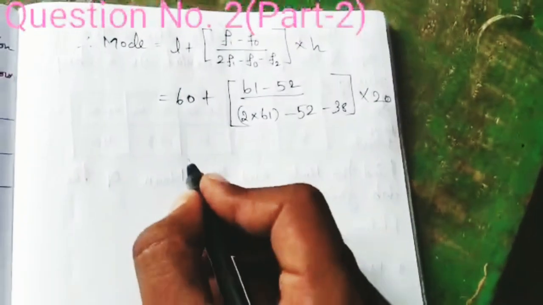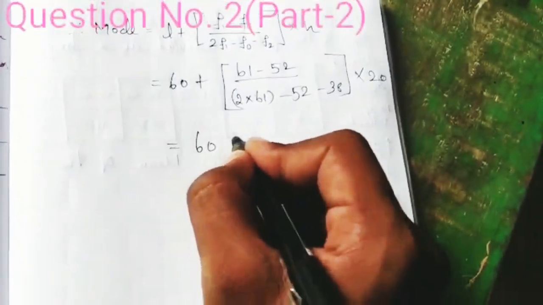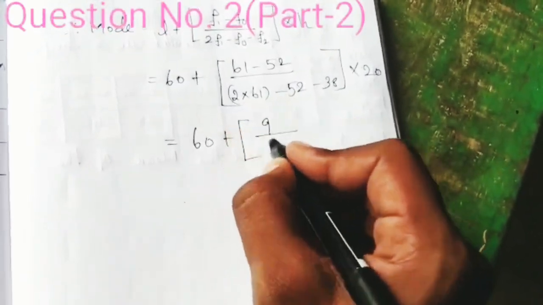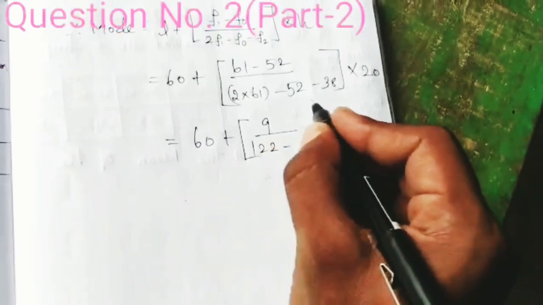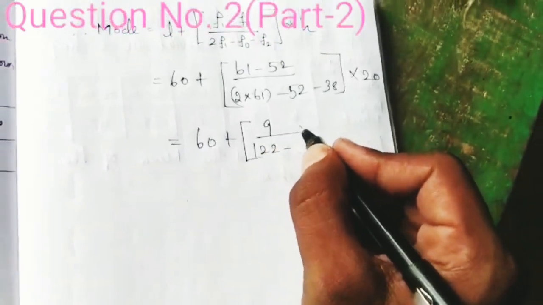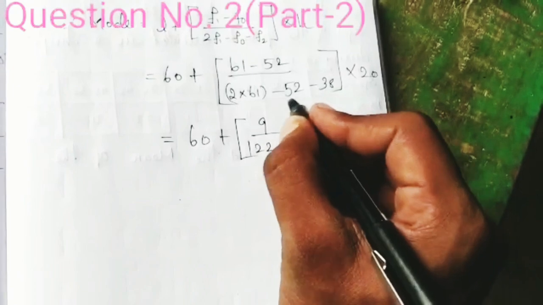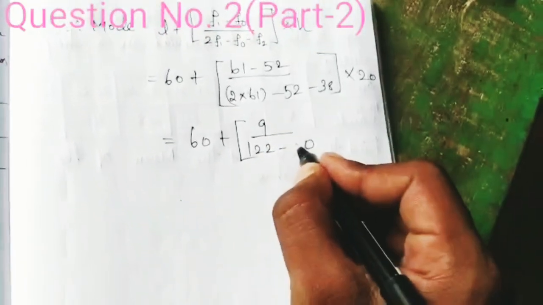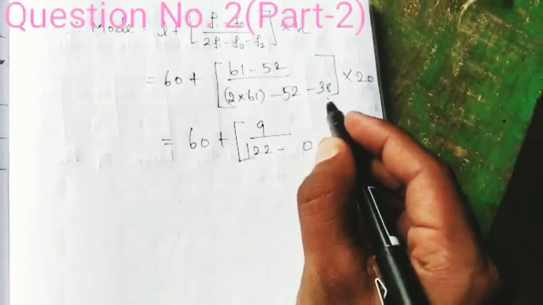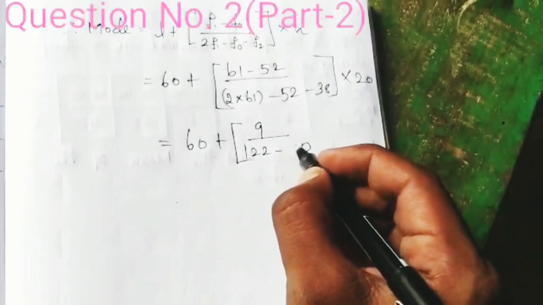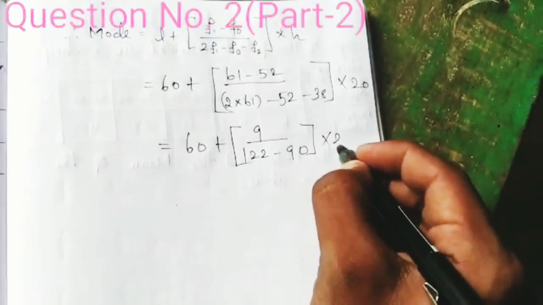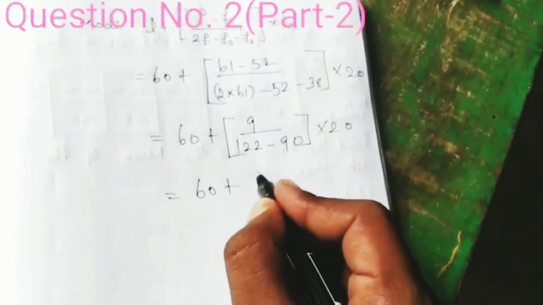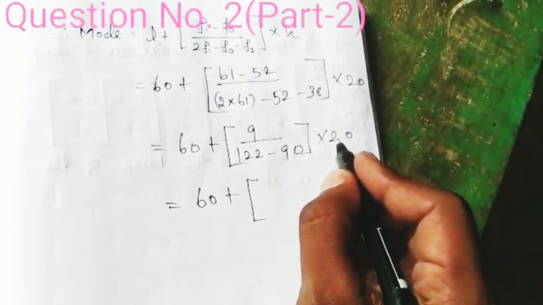We have to simplify this formula and get the mode. 61 minus 52 is 9. 2 into 61 is 122, minus 52, minus 38. There are two minus symbols, so we have to add them: 52 plus 38 is 90. 122 minus 90 is 32. So 9 into 20.